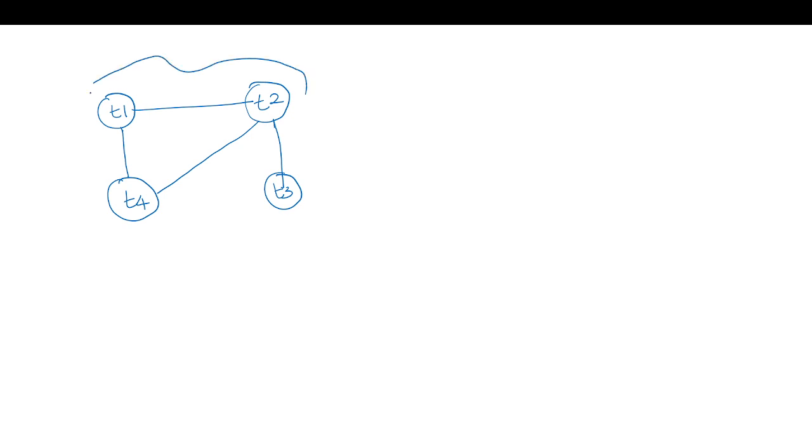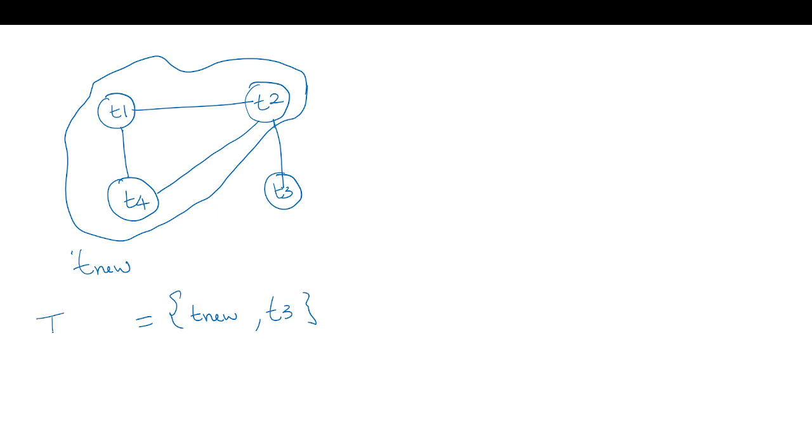So this can be merged to one test vector called T mu. Now instead of 4 vectors, our new set will be only this. So from 4 we can reduce it to 2 based on this compatibility graph.